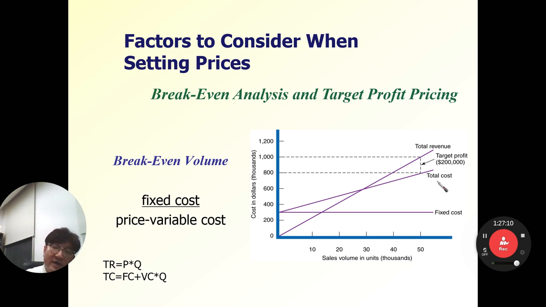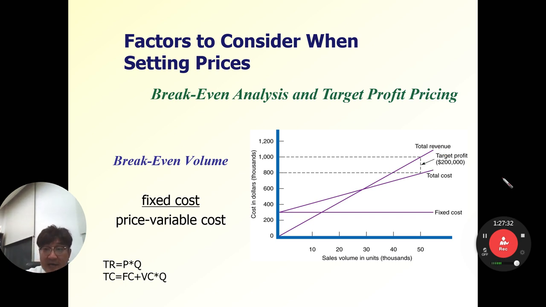In other words, when we say the target profit is 200, the revenue minus cost is 200. If you add the target profit to the cost, it is equal to the total revenue. This graph means that, right?